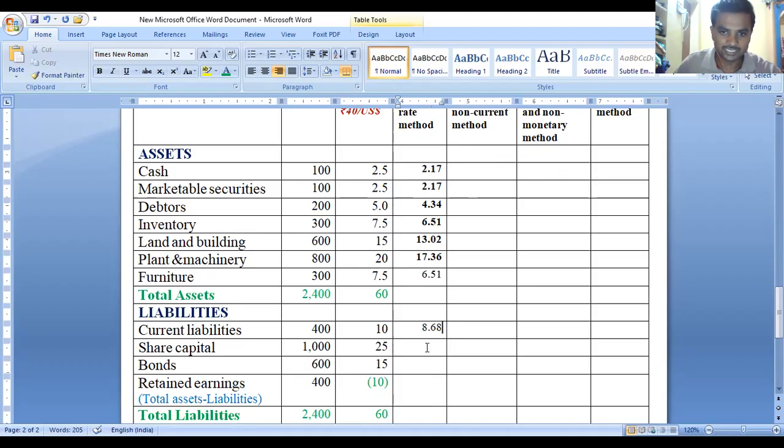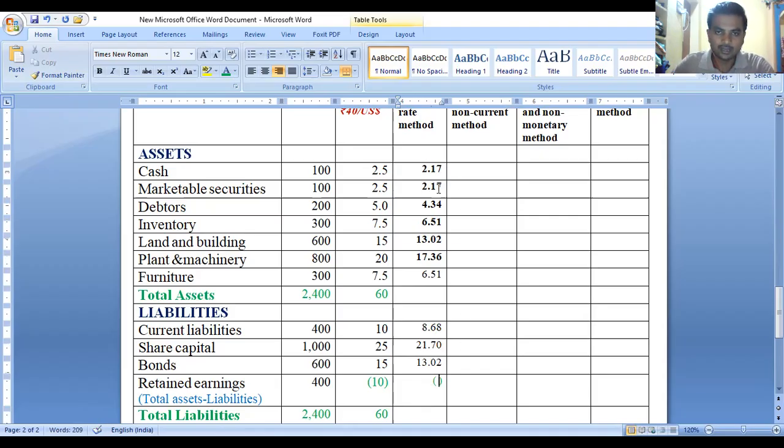In case of share capital, by selling 1,000 rupees, we would get $21.70. In case of bonds, by selling 600 rupees, we would get 13.02 dollars. So what I told you, again, we need to keep it in brackets.